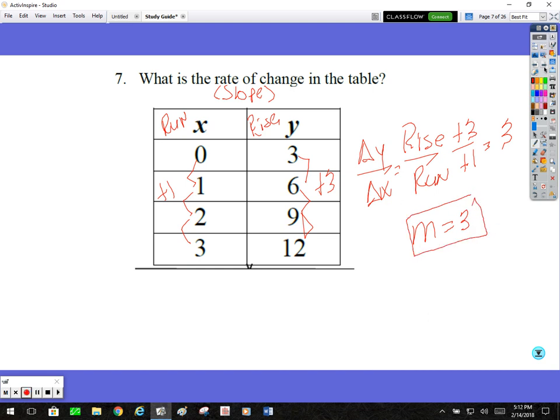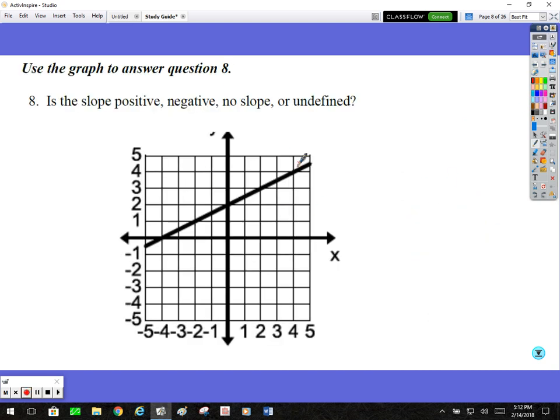Okay? All right. Is the slope positive, negative, undefined, or 0? Well, no slope is not really no slope. It is 0 slope. Okay? Let's fix that. 0 slope. So remember, if we talk about Slope Dude's journey, remember he's skiing along.